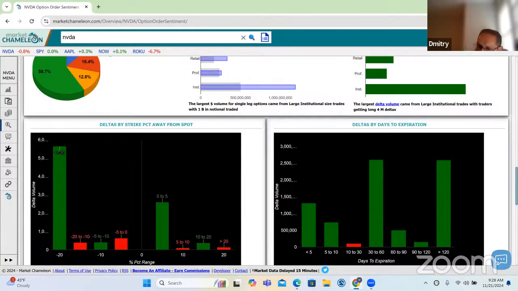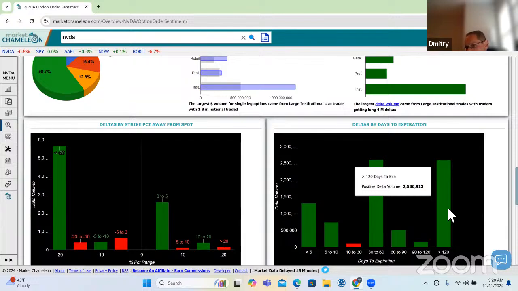One is that there are a lot of deltas coming from options between 30 and 60 days, so the monthly to the next month. And then we have the next bucket, more than 120 days. So that's what this has shown us, where the majority of those deltas look like they're being established. That's the breakdown of this option order flow sentiment.